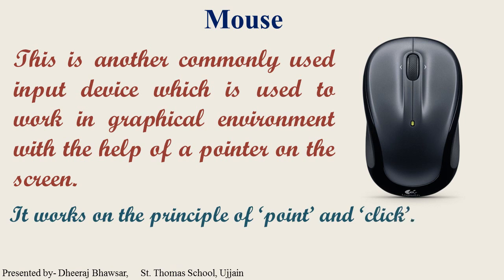It means the pointer is used to point to the object on the screen and the buttons present on the mouse are clicked to select the pointed object or to execute the required instruction.